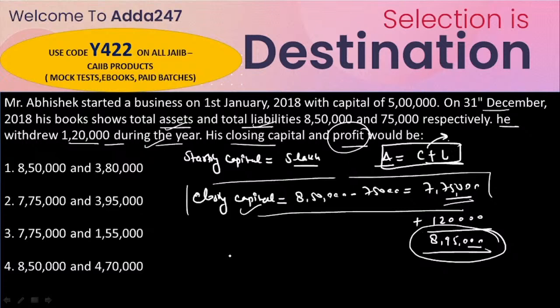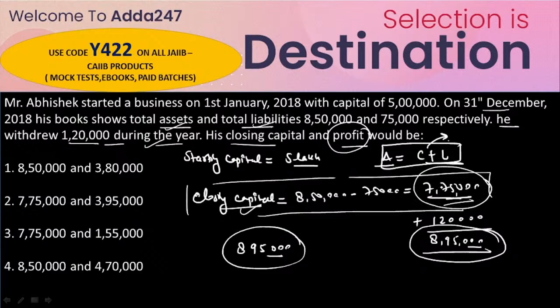Now if we have to calculate the profit here, we know that our total capital earned during the year is 8,95,000 rupees, because our closing capital is 7,75,000 rupees, and during the year we also withdrew 1,20,000 rupees.